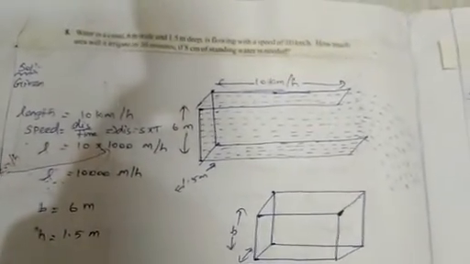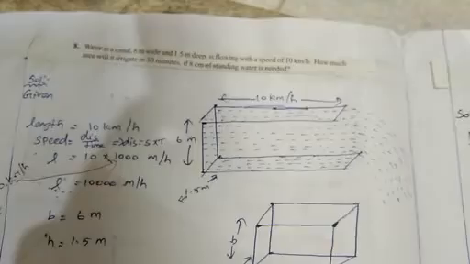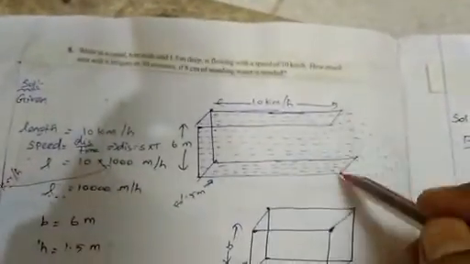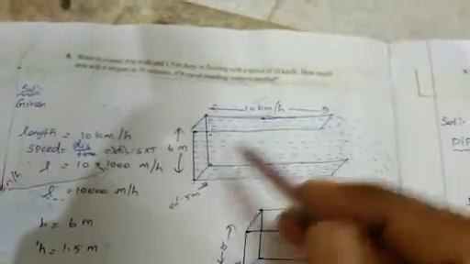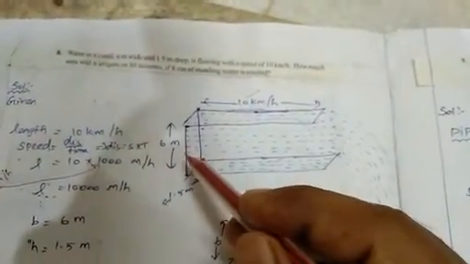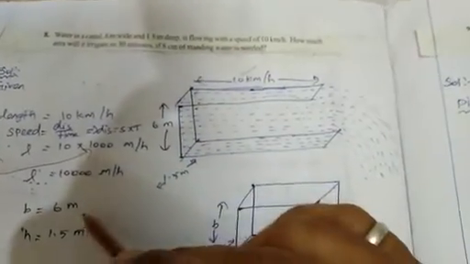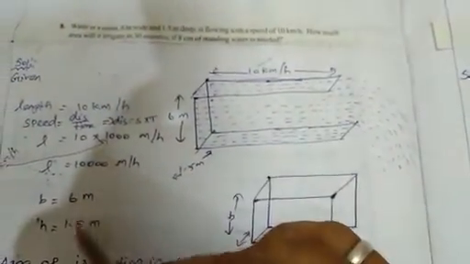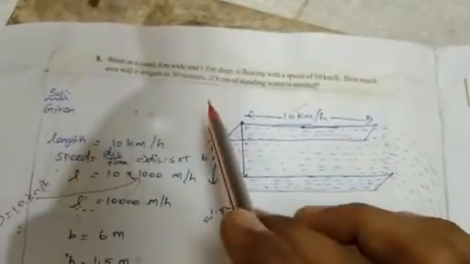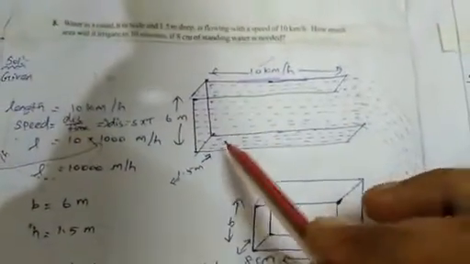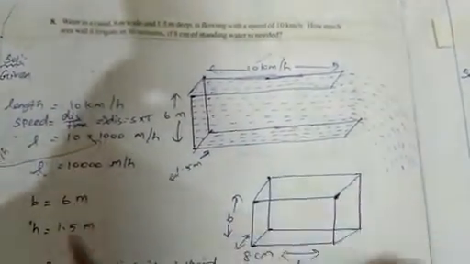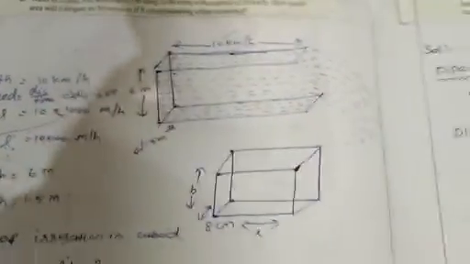So that is length, breadth and height. The length is 10, breadth 1.5 and 6 meter, height 1.5. We can change this one also, but here width and deep are given, so we can use this one because for a cuboid we know the product. Then the area of irrigation is also a cuboid, with standing water and area.